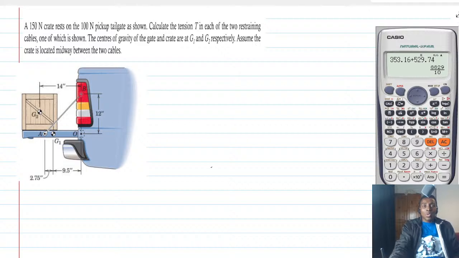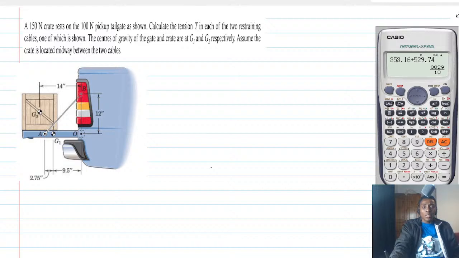Okay. So a 150 Newton crate rests on a 100 Newton pickup tailgate as shown. Calculate the tension T1, tension T in each of the two restraining cables, one of which is shown.